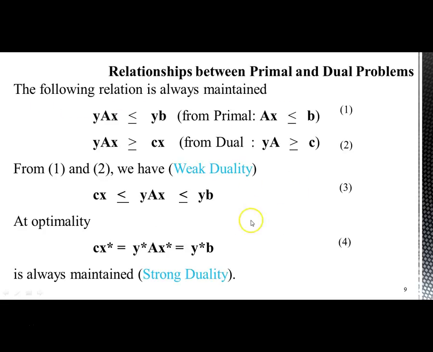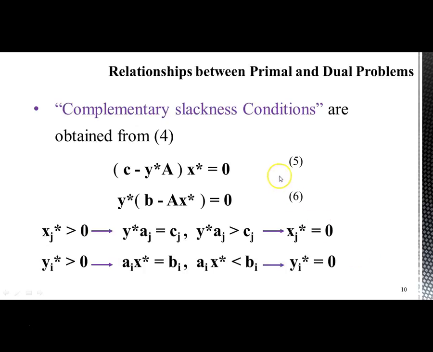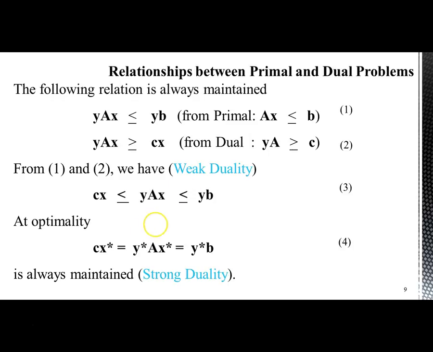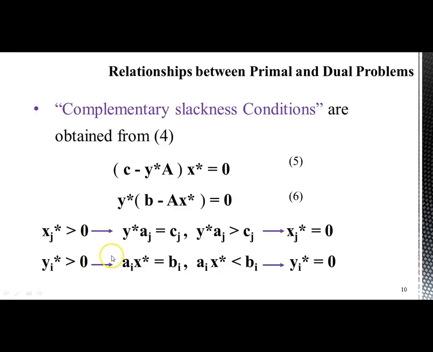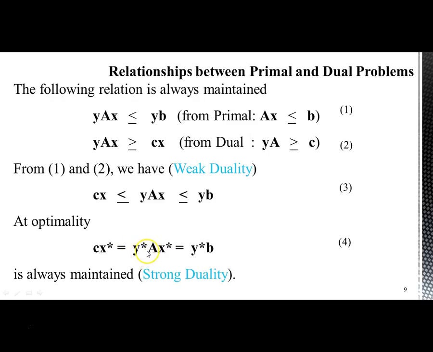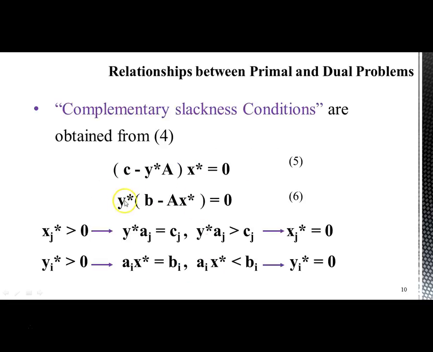Okay, now the complementary slackness conditions are obtained from equation number 4, that means the previous equation right here. How are we going to obtain that? You just take these two equations first and move them to the left hand side, and you can find that one. Also take these two: y star Ax star equals y star b, where y star times (b minus Ax star) equals 0.